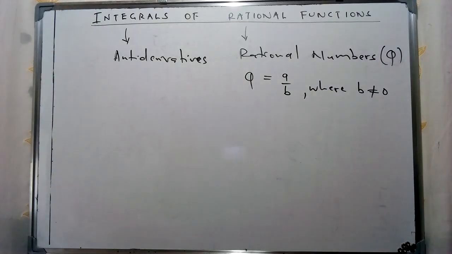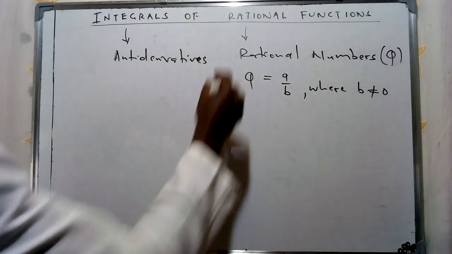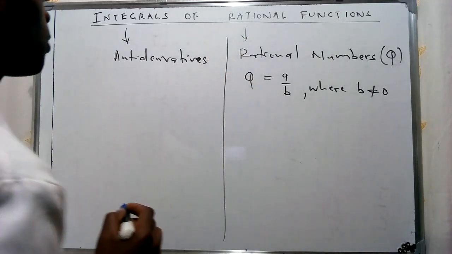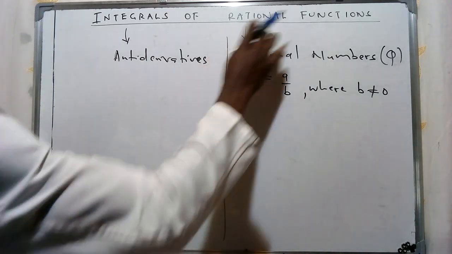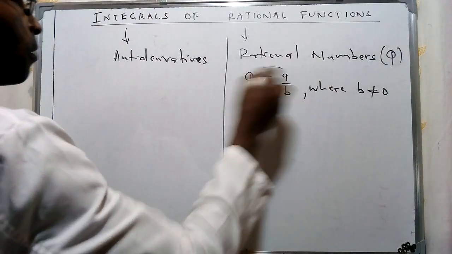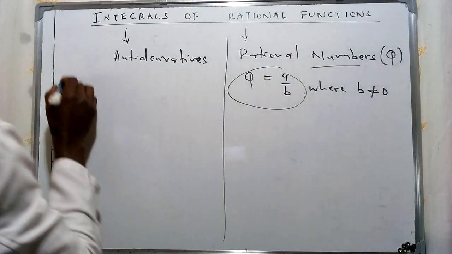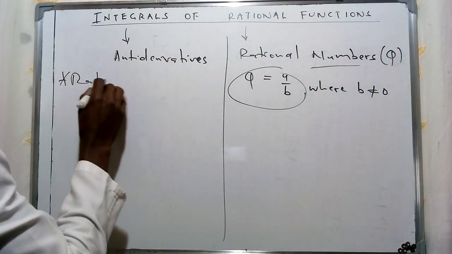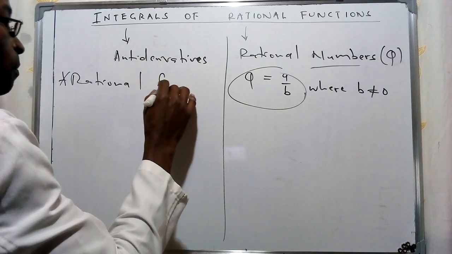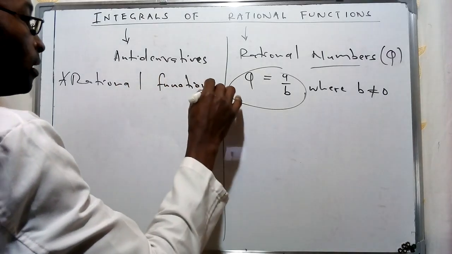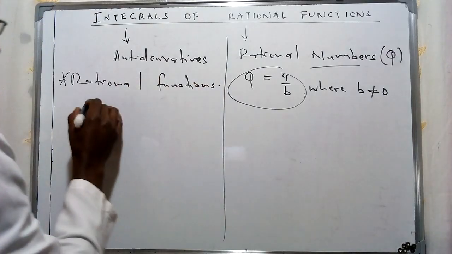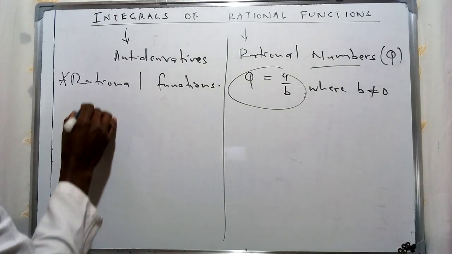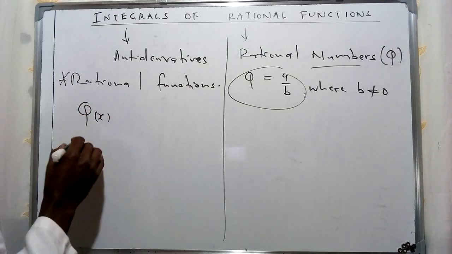Now, in this specific case, we are going to consider expressing the integrals of these specific rational functions. Apart from numbers, we're going to consider what we refer to as rational functions. These are basically a ratio of polynomials, which can be expressed as a function over q of x, which is a rational function.